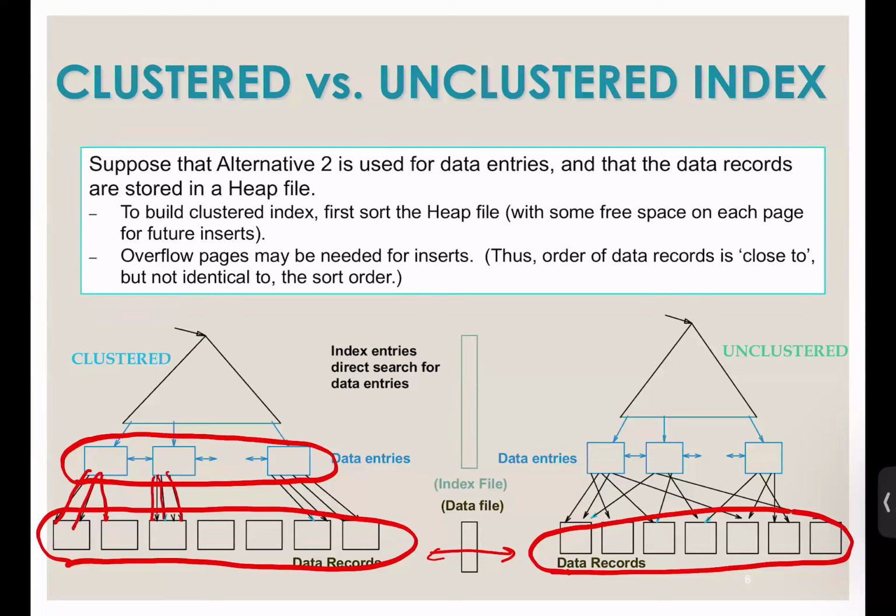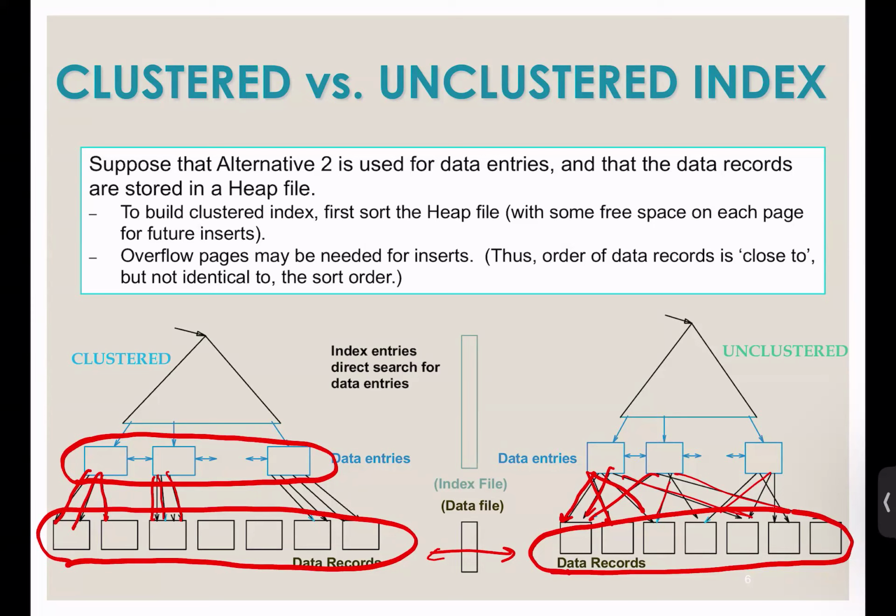So of course, it would be typical that the entries of this one could point there, the other one could point to others, and they just cross each other back and forth because they don't have ordering. All right, so that's what unclustered and clustered index would sort of look like.